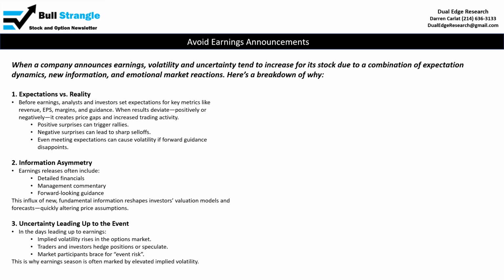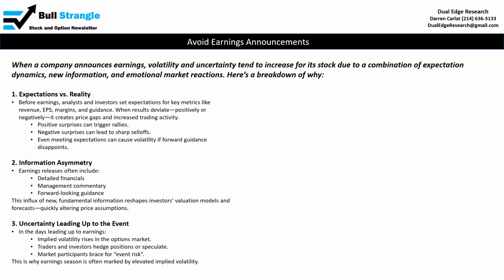First we talk about expectations versus reality. Before earnings, analysts and investors set expectations for key metrics like revenue, earnings per share, margins, and guidance. When these results deviate positively or negatively, it creates price gaps and increased trading volatility.